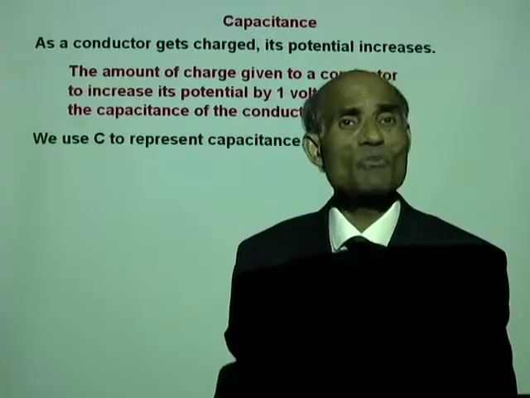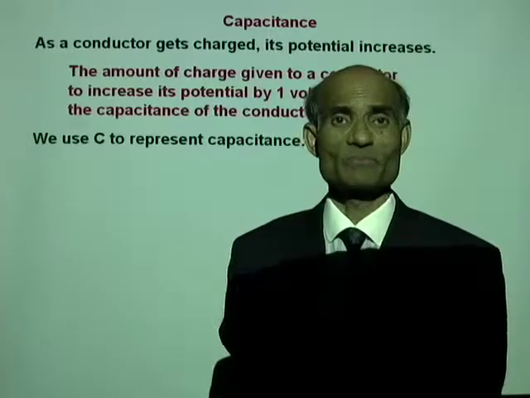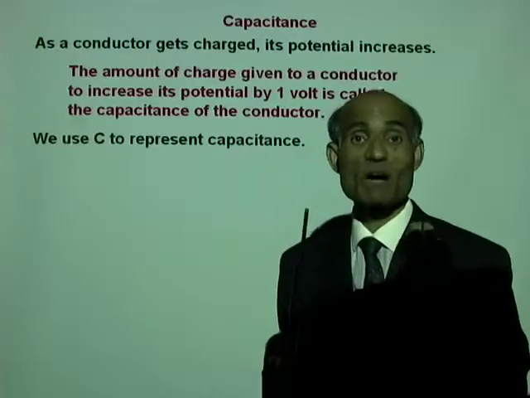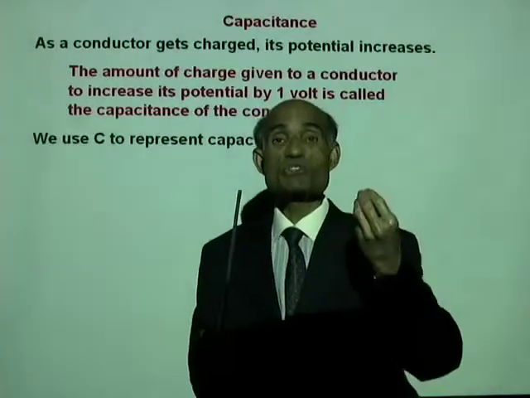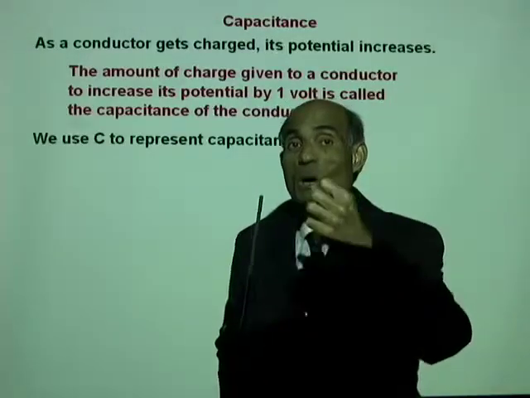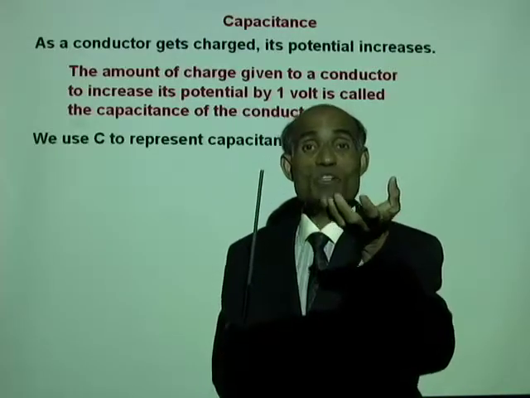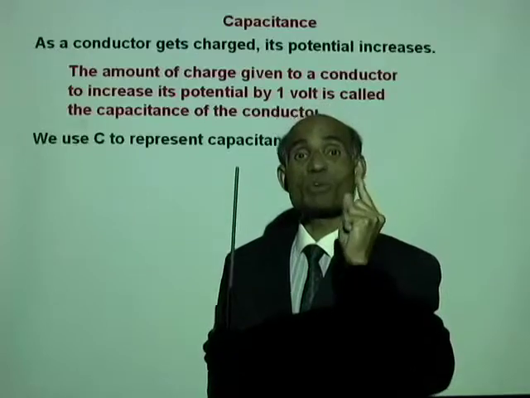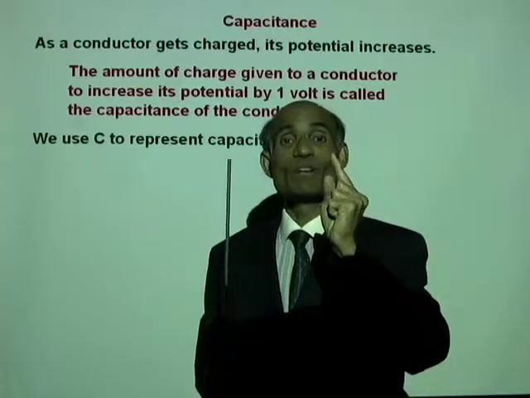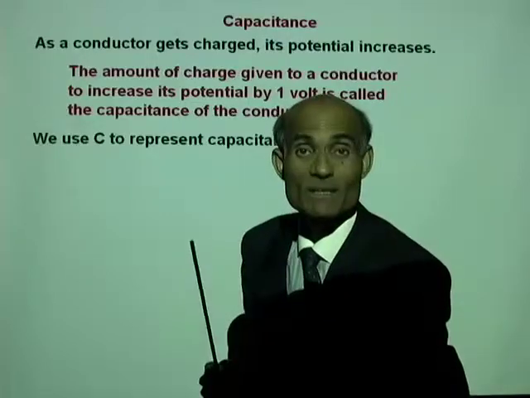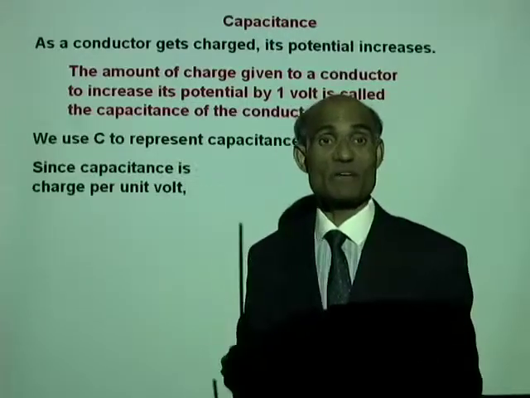Now, what is the unit for measuring capacitance? If you look at the definition, you can figure out the unit right away. It is the amount of charge per unit potential difference, the amount of charge needed to raise the potential by 1 volt. It is coulombs per volt. That is the unit of capacitance.